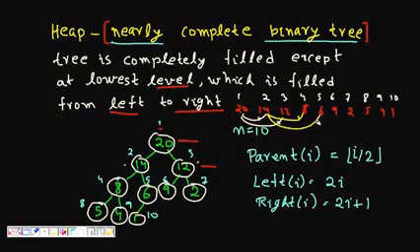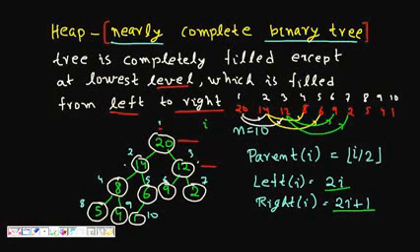Next, let's say for node 3, which is 12, its left child is node 6, and the right child is node 7. So we see a beautiful property: if the node is i, then its left child is 2i, and the right child is 2i plus 1.